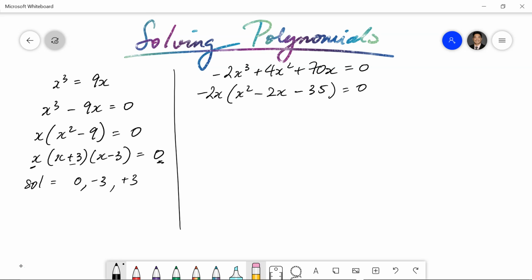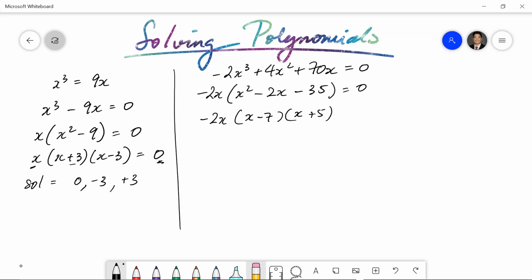So now we've already gone into a quadratic form here, and the factors of minus 35 that add up to minus 2 are minus 7 and plus 5. Minus 7 times plus 5 gives you negative 35, but when you add those two values, you get minus 2.